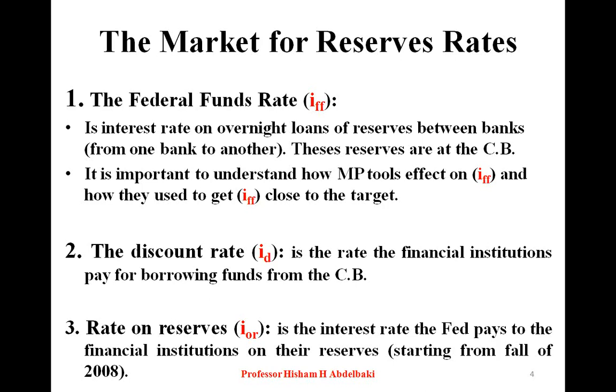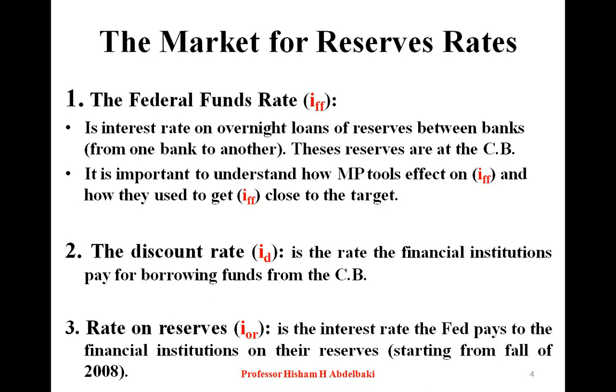Okay, this is FF. The second type of interest rate is the discount rate. When the financial institution borrows from the central bank, it must pay a low, special interest rate called the discount rate. And finally, the rate on reserves. Starting from 2008, the Federal Reserve in the USA started to pay interest rate on reserves of the financial institutions.